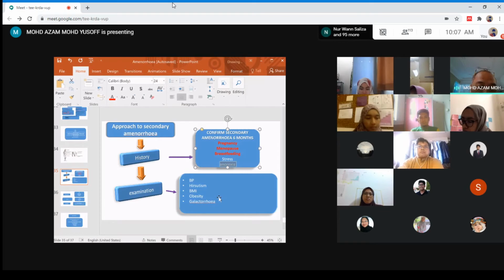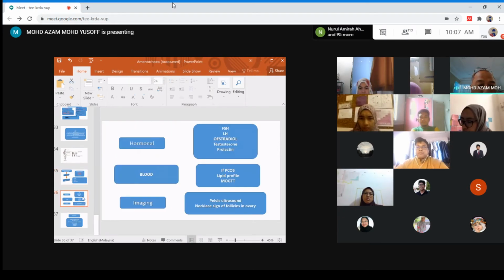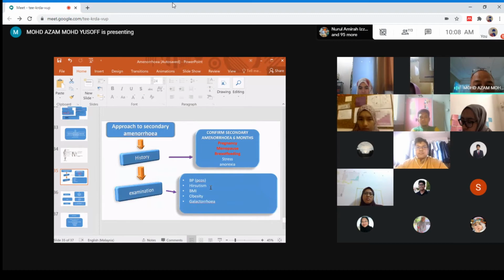Okay, examination: you have to check the BP and hirsutism. Why BP? Because it is related to PCOS, and PCOS has a high incidence of hypertension.